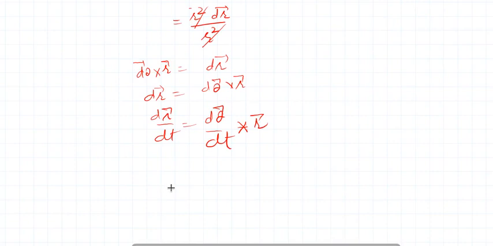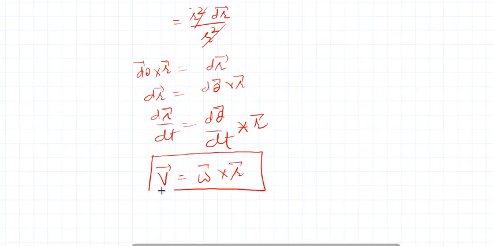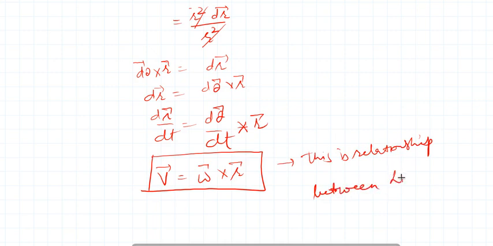So this is the linear velocity, and this is the angular velocity, so v equals omega cross r. So this is the relationship between linear and angular velocity.